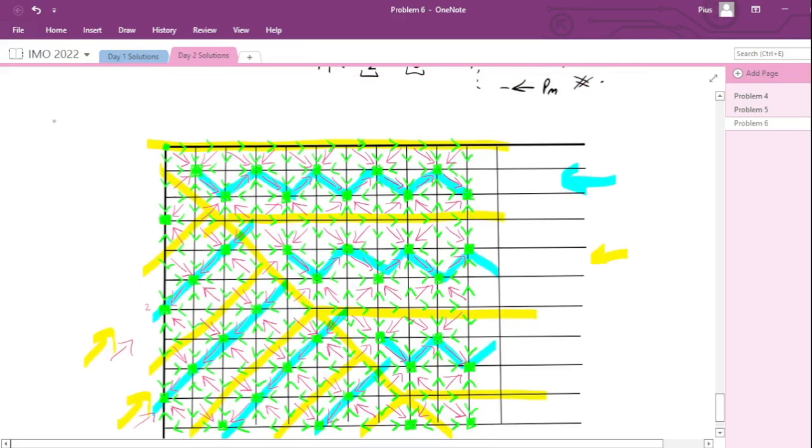Let's say we have n equal to 5, nothing too big. So that means we have 5 by 5 vertices, and the number of squares will be 4 by 4. So we have to truncate it, cut it here. So you're only interested in this figure.